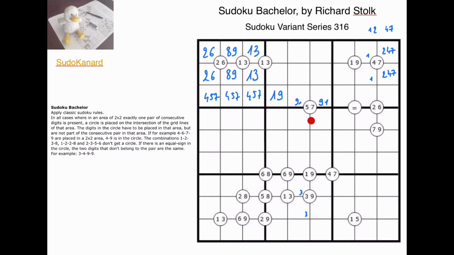And we have then 5, 7, one of those digits, and something consecutive, meaning a 2 or an 8. But 8 wouldn't work with the 7, so they have to be 1 and 2.